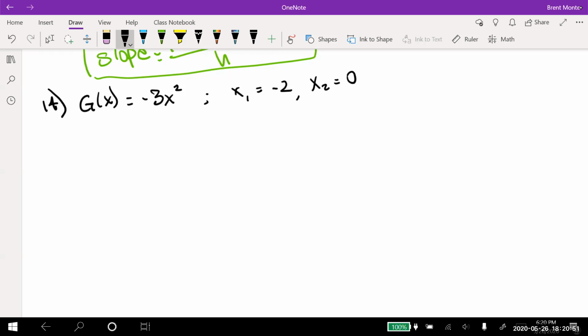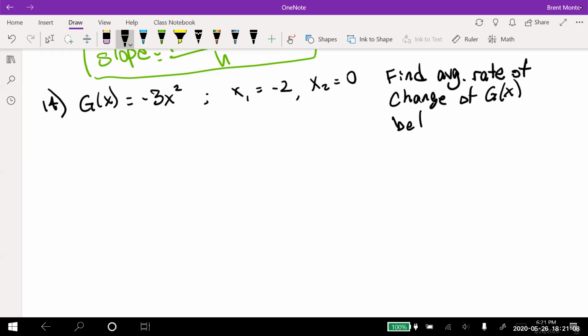And what they're asking us is, find the average rate of change of, in this case, capital G of x between x1 and x2.